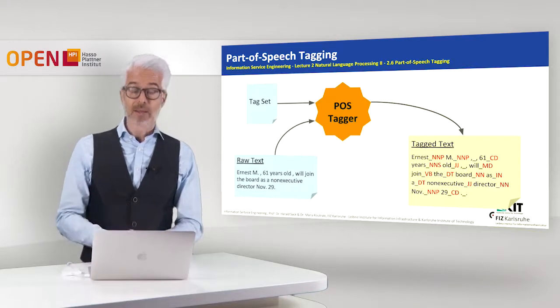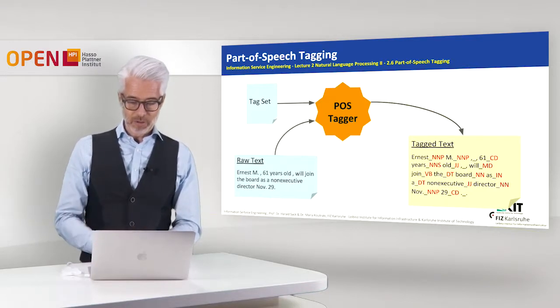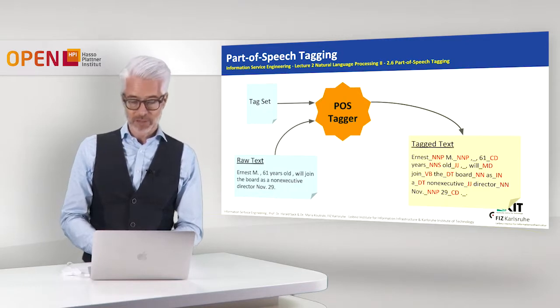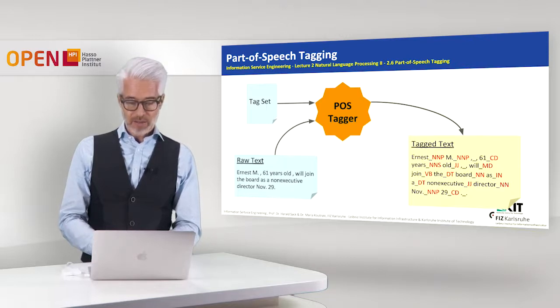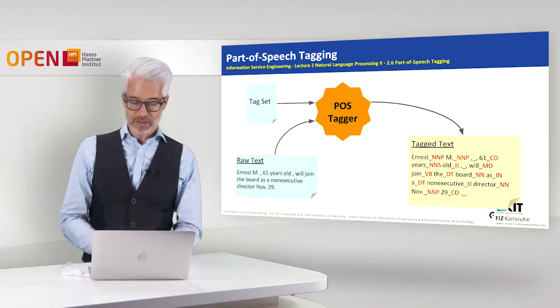And if you look now at the POS tags, this is in the yellow box, the tagged text, you see Ernest as a proper noun, M, the initial is also a proper noun, 61 is a cardinal number, then we have years, which is a noun, and here it's a plural noun, old is an adjective, and then will, this is an auxiliary, join, it's a verb, the, it's a determiner, board, noun again, s, this is a conjunction, a, it's a determiner, non-executive, again, an adjective, then director, that's a noun, and then November, this is a proper noun, and then 29, again, cardinal number, and then you have a punctuation.